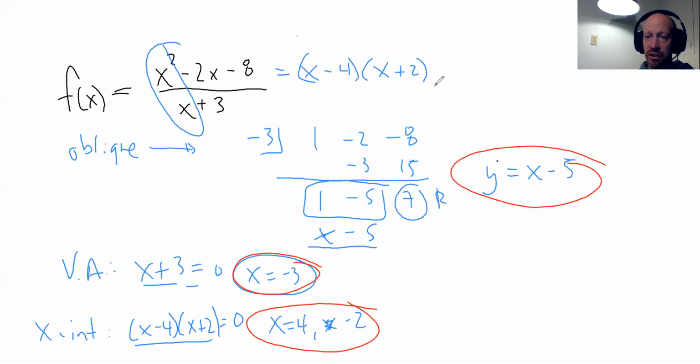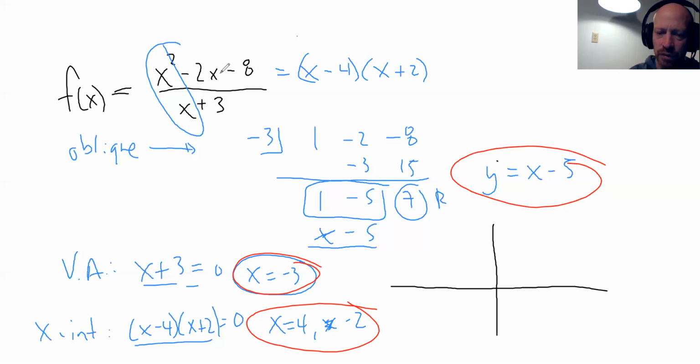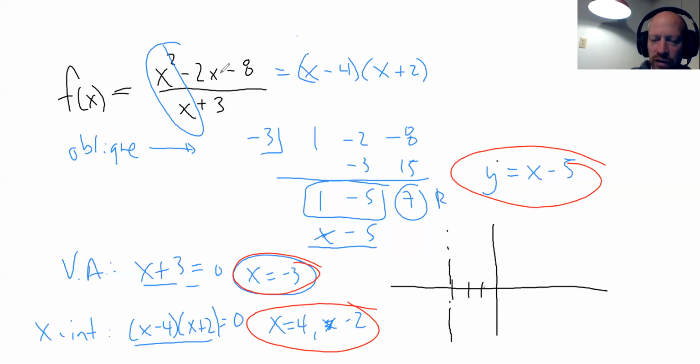And a lot of questions will just be find those things. But we do want to be able to put them all together to come up with a graph as well. So let's see if we can do that, or some version of that. I have a vertical asymptote at minus 3. So that's right there. And I have x-intercepts at negative 2 and at 4.